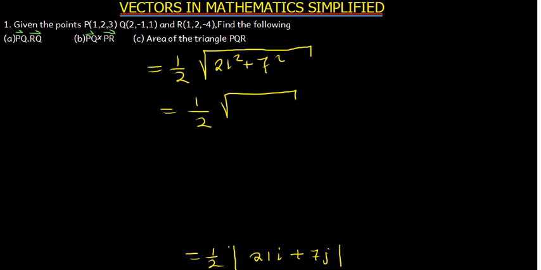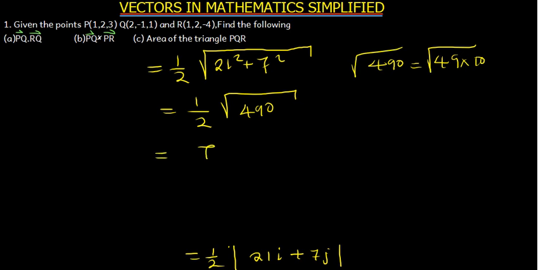This is going to give us 490. And we know 490 is the same as 49 multiplied by 10. The square root of 49 is 7. So this is going to be 7 over 2 times the square root of 10. This is area, so its units are squared, whatever the unit.